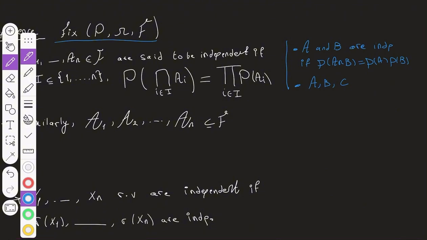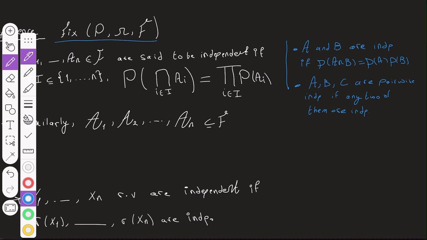You might have seen the notion of pairwise independence, namely that we say these three sets are pairwise independent if any two of them are independent in the sense of the first definition.